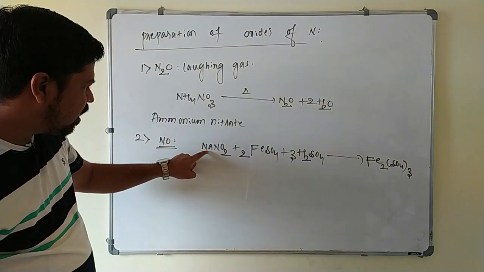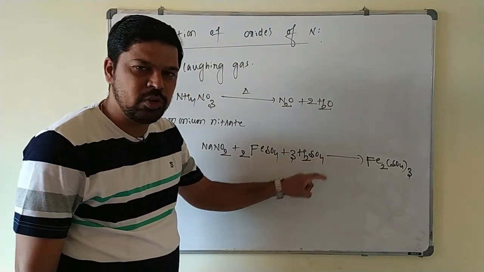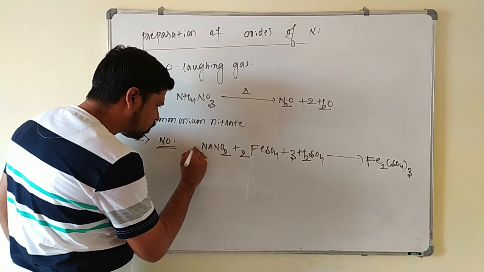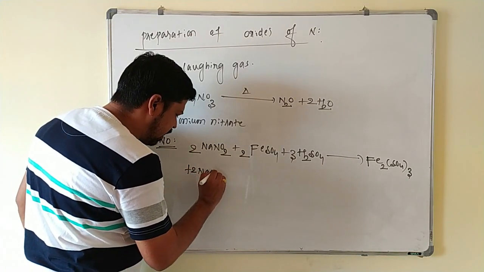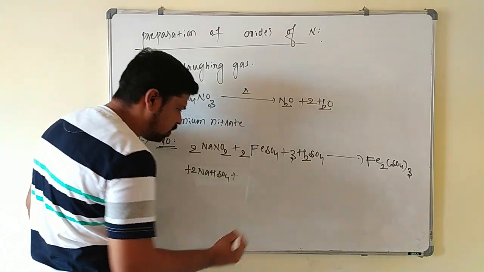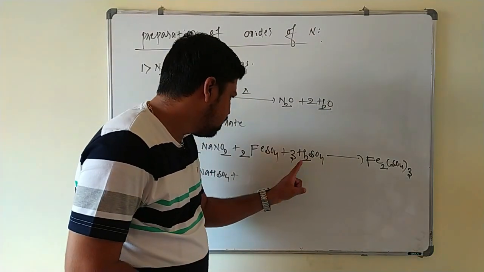Now the sodium replaces hydrogen from H2SO4 to form 2 times NaHSO4.